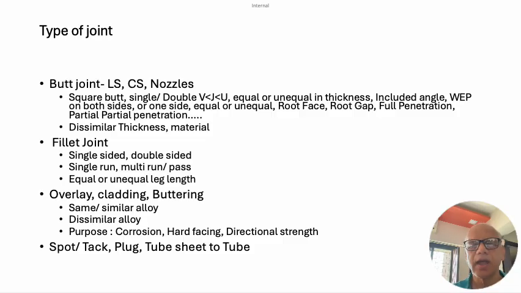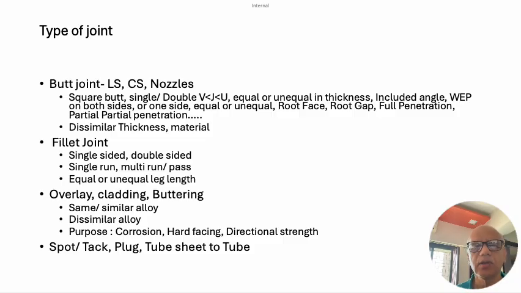What is the included angle? We normally recommend 60 degrees, that is 30 degrees on each plate, but there are joints where on one side there is no possibility of giving an edge preparation, so the entire angle is adjusted for accessibility on one side of the plate, and accordingly the weld edge is prepared on one side or both sides, equal or unequal.